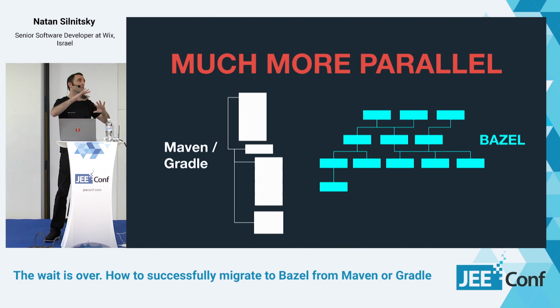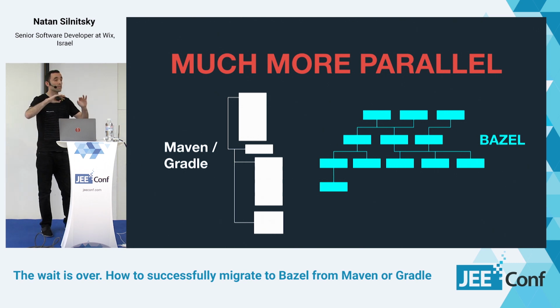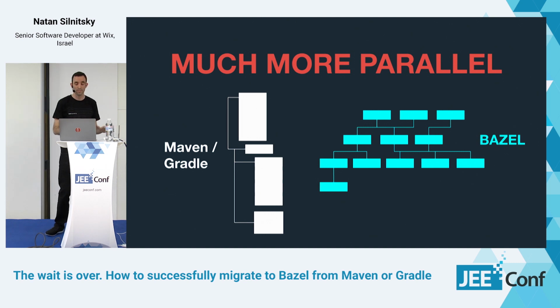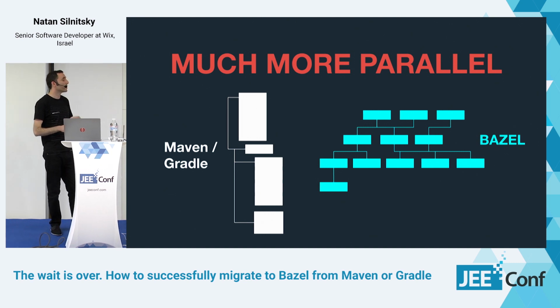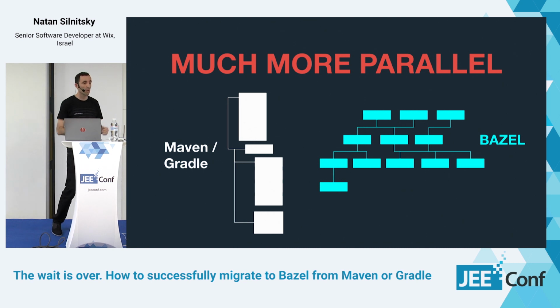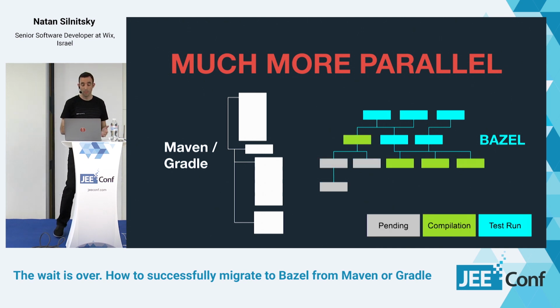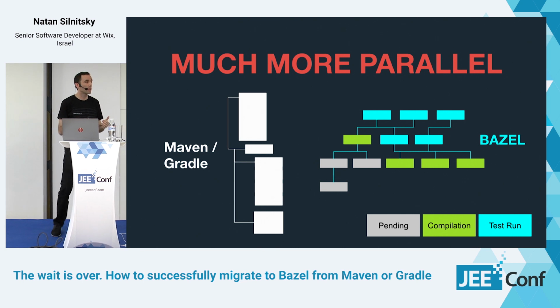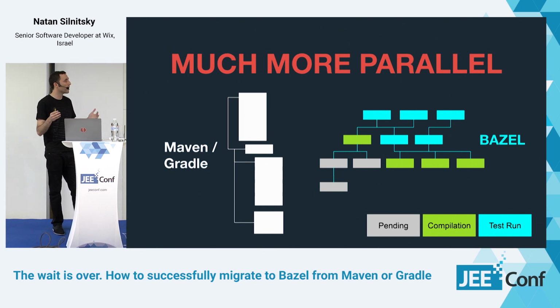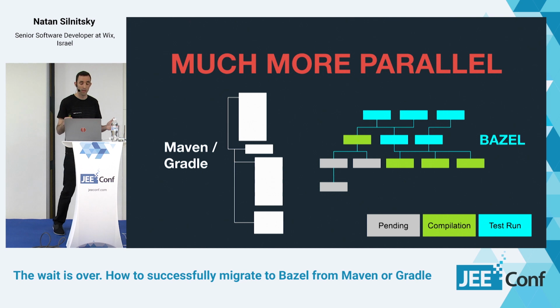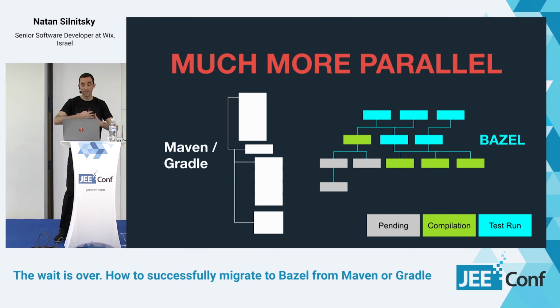So that means that if these small targets don't depend on one another, you can run a lot of them in parallel. And Bazel, if you run it on your local machine, will try to use as many CPU cores as possible. So, for example, not only does it run compilation in parallel, it runs tests in parallel, and it also runs compilation and tests at the same time.